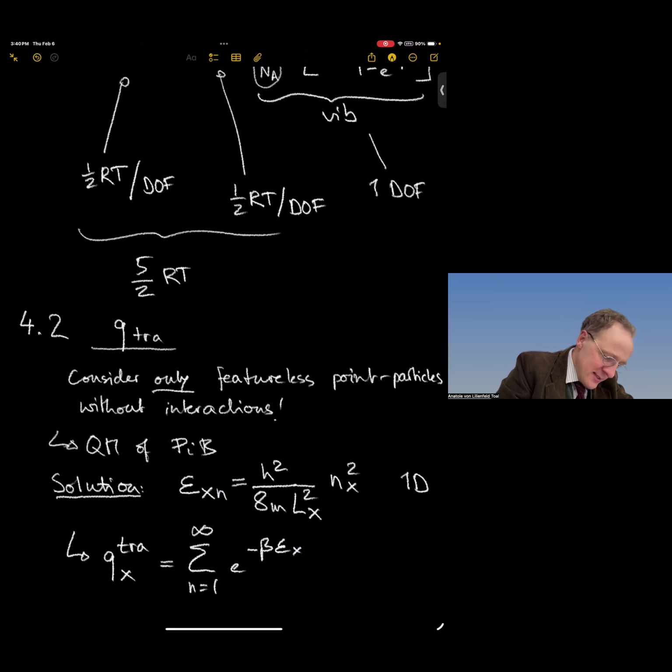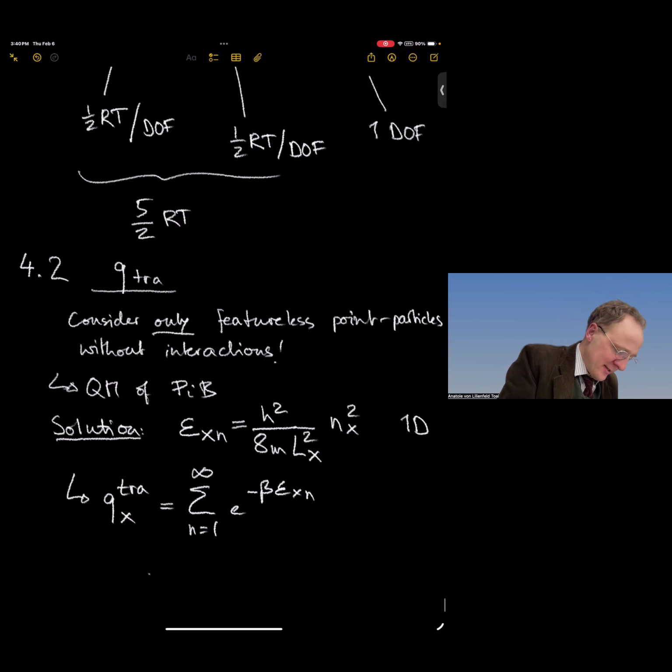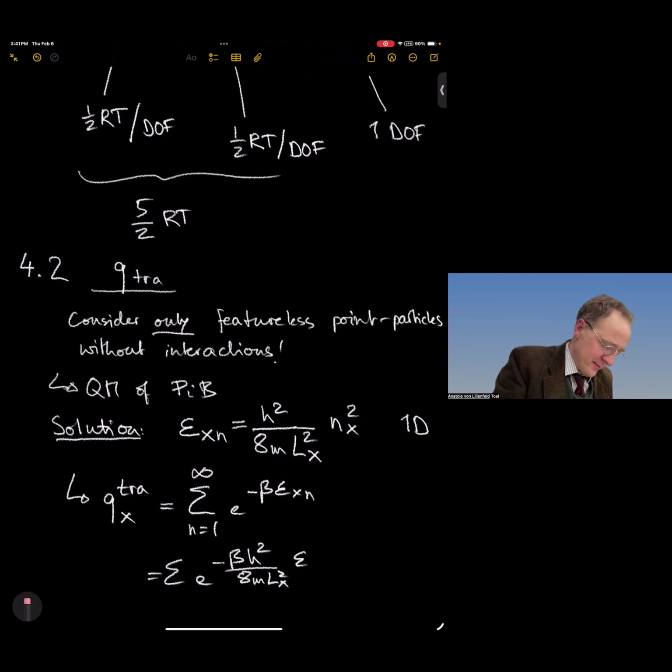So I'm sorry, this is epsilon x n. Okay. So we can insert this. e to the minus beta h squared over 8m Lx squared times nx squared. Okay.